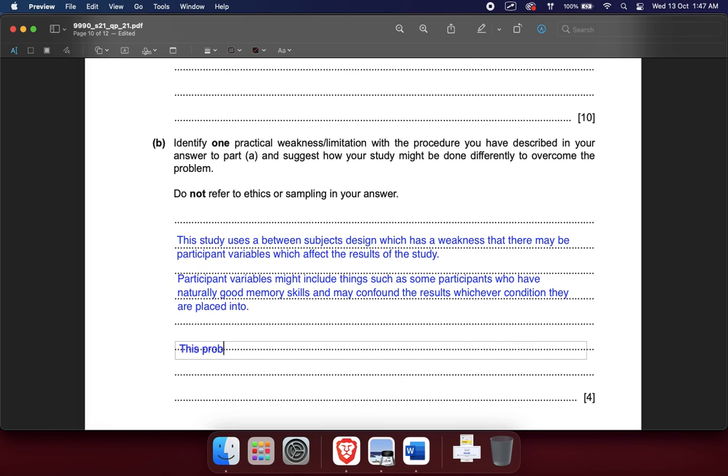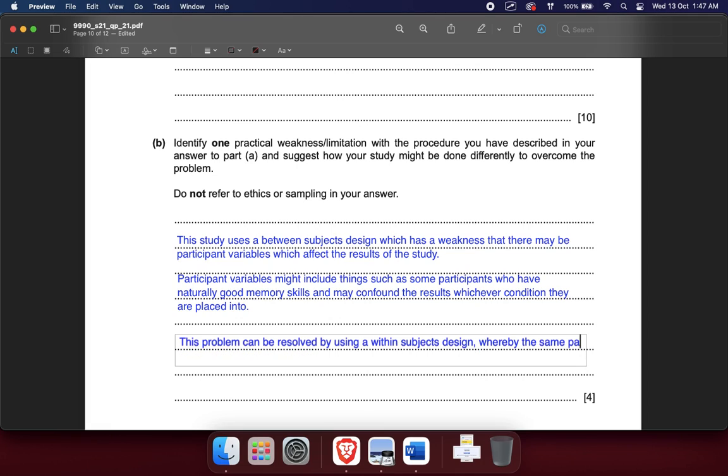This problem can be resolved by using a within subjects design, whereby the same participant listens to the audio and what?